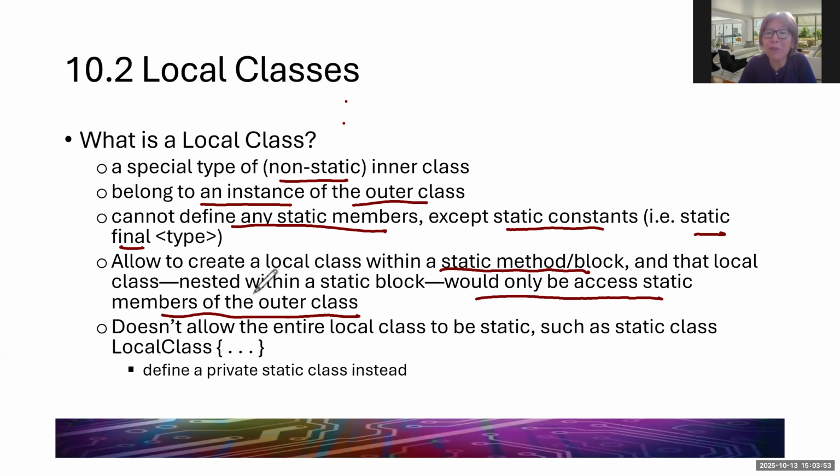So a local class is different from a nested class. It doesn't allow the entire local class to be static, because if you do want that, you had better define a private static class instead.